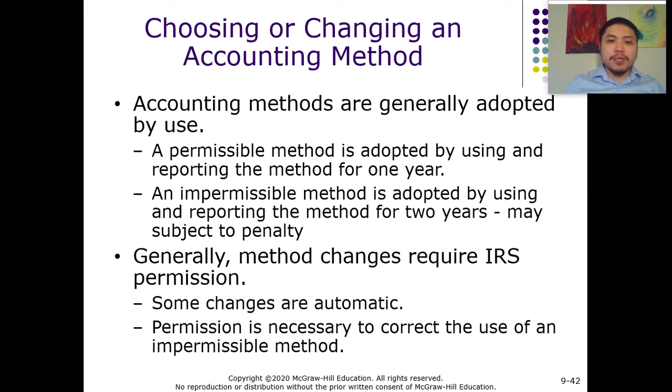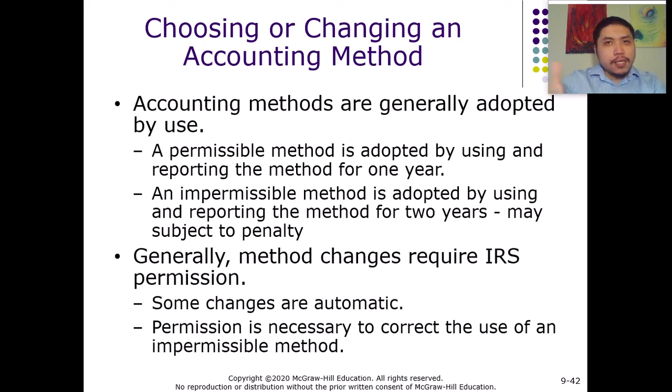If the impermissible method is applied for only 1 year, then maybe the IRS is going to treat that as a simple mistake. But if the business owner chose the impermissible method and has used it for more than 2 years, then the IRS may or may not assume that this is an intentional mistake.